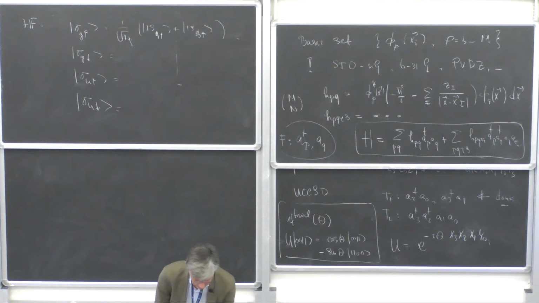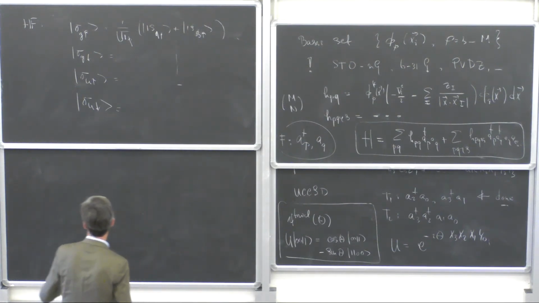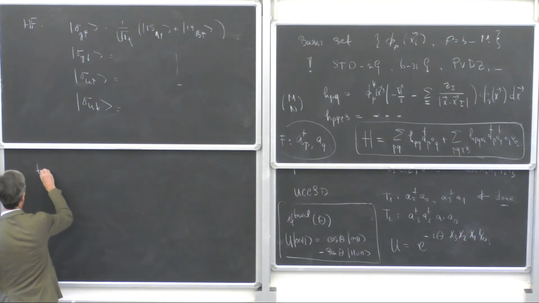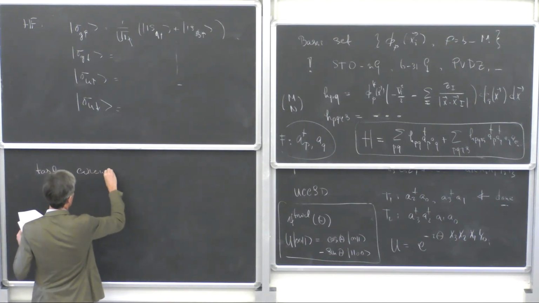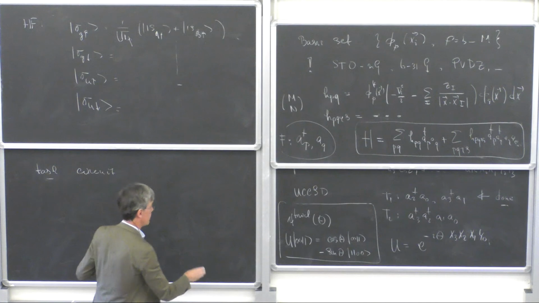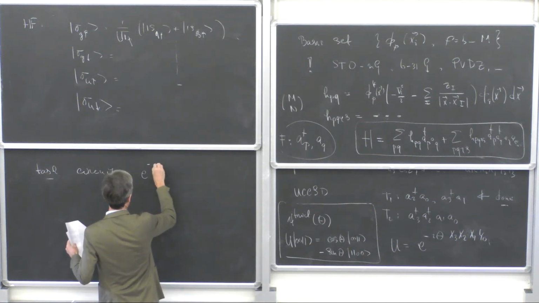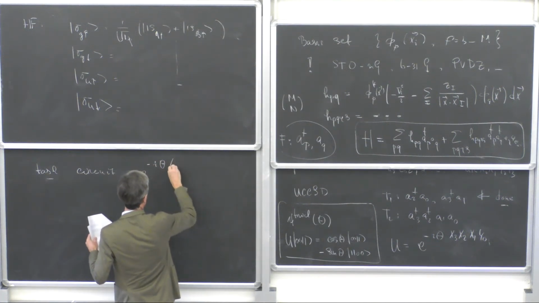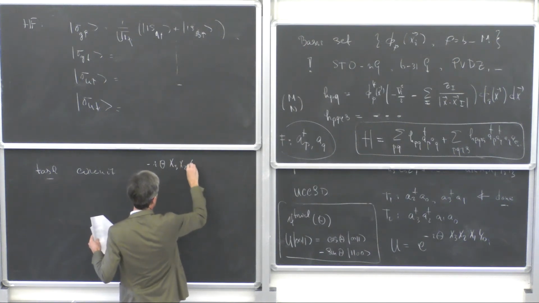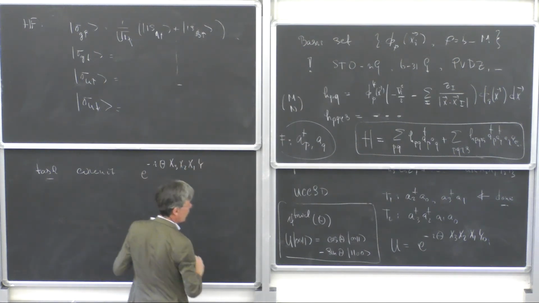So yeah, let me do that. I guess our little task is now to write a quantum circuit for the operator that's over there, e to the minus i times theta times x3, x2, x1, y0.